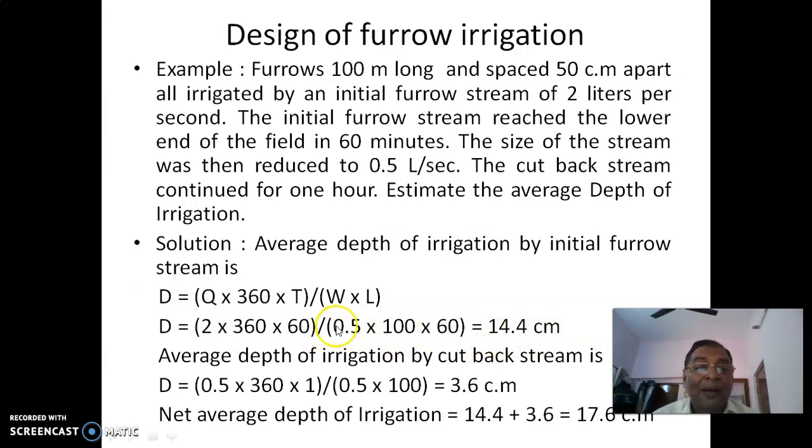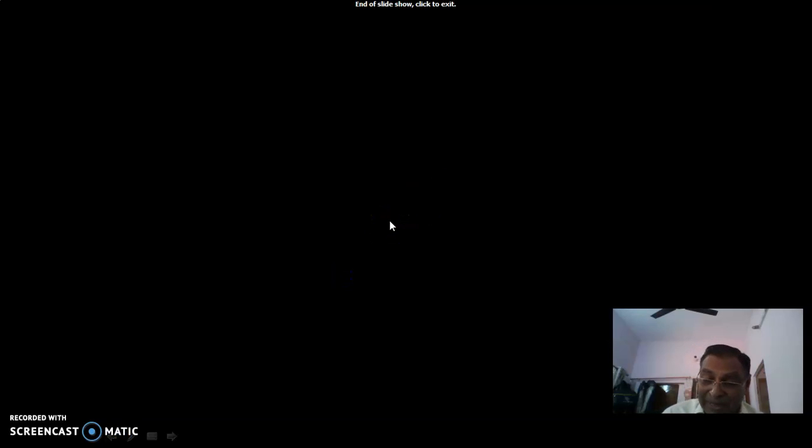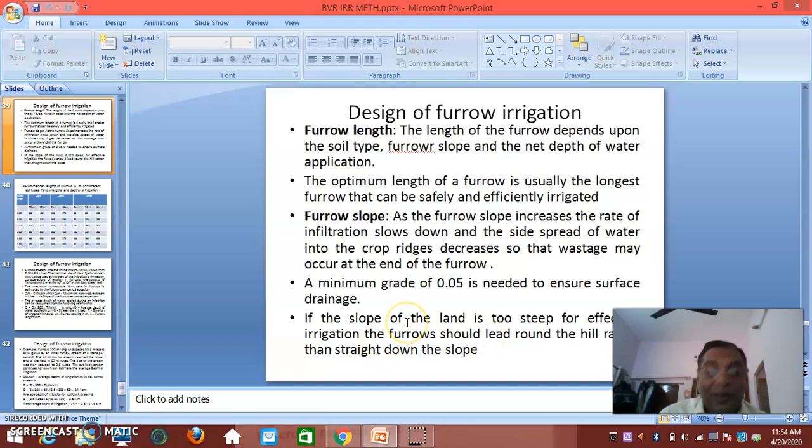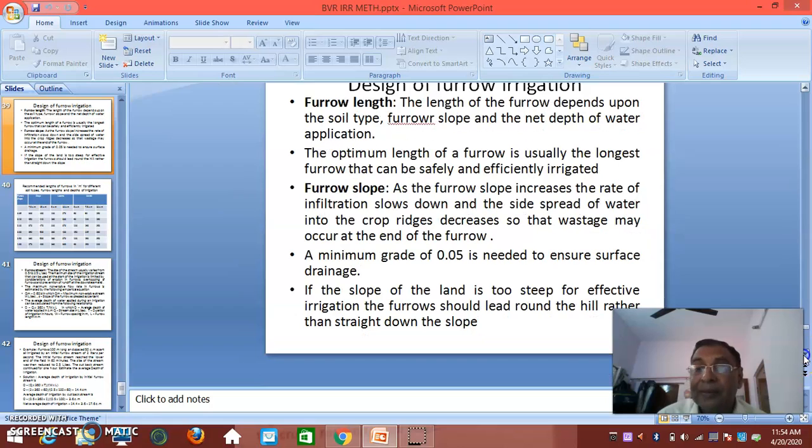This is the Q into 360 into T divided by W into L, where Q is the stream in liters per second, and T is the time, 60 minutes.